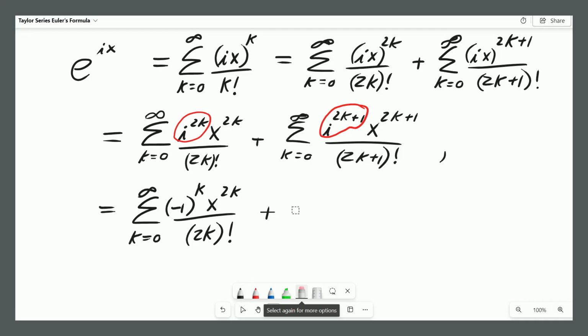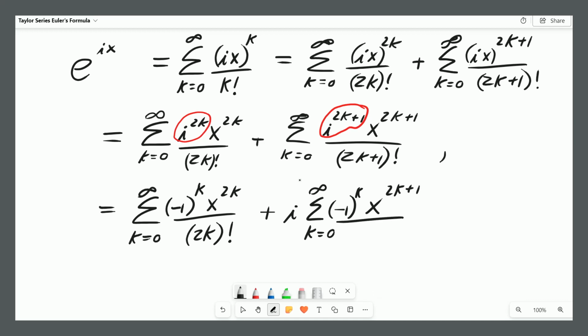So we have i times the summation of k going from 0 to infinity of negative 1 to the power of k times x to the power of 2k plus 1 divided by 2k plus 1 factorial. And you'll notice that that is our expansion for the sine of x multiplied by i.